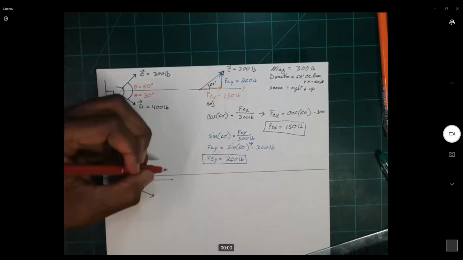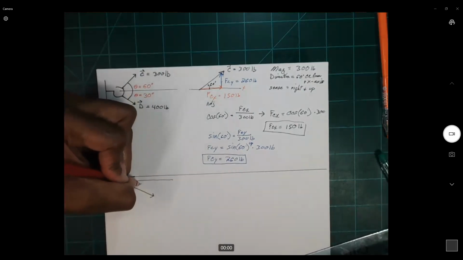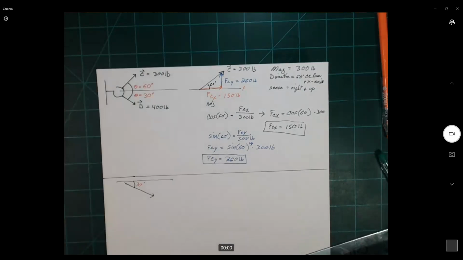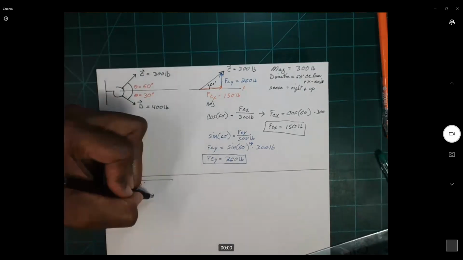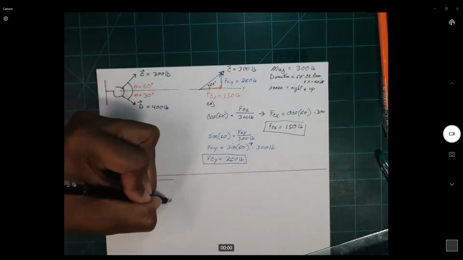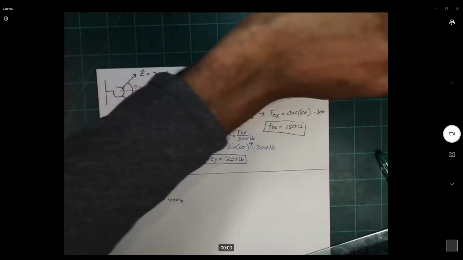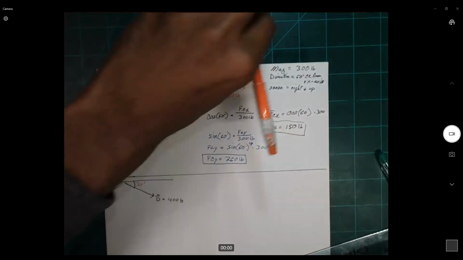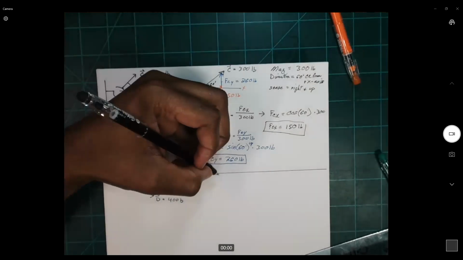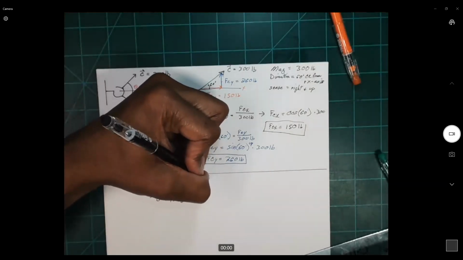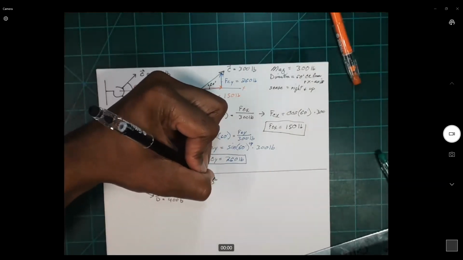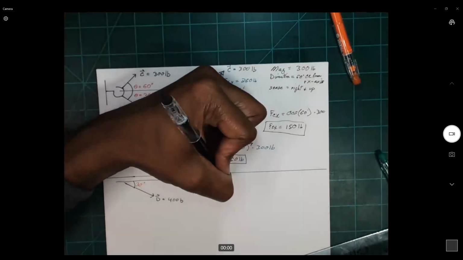So our angle is 30 degrees. Now, what's our magnitude? Our magnitude is 400 pounds.